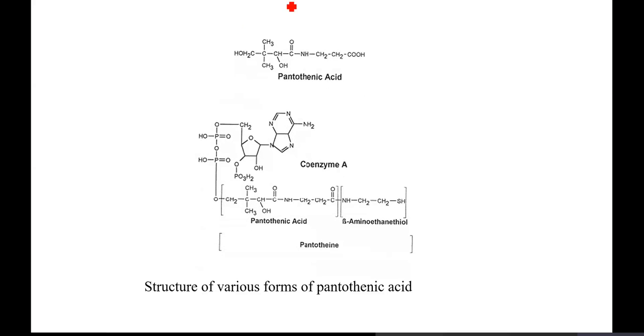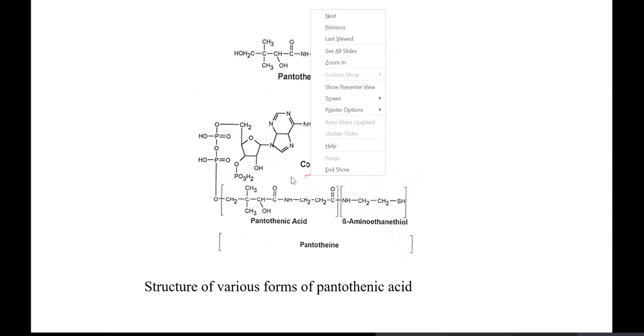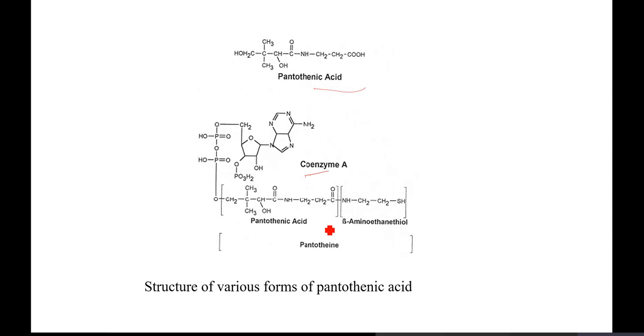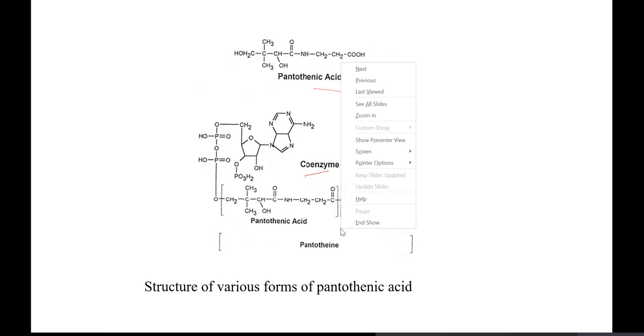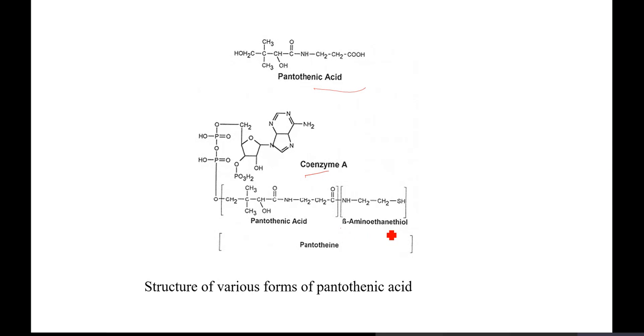So this is pantothenic acid, and this is called coenzyme A, which consists of pantothenic acid joined to beta aminoethanol.